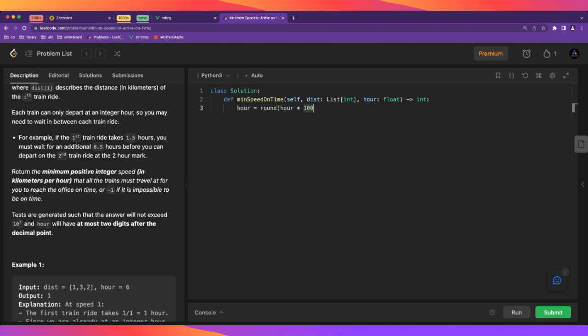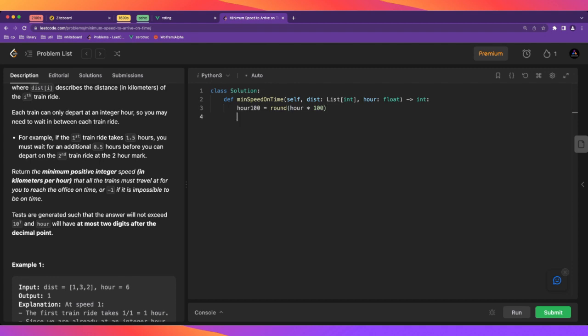So if we round it just to make sure that we get an integer, even if there's a small error in the number, then we turn the hour into an integer, which is 100 times the hour. So maybe the hour is not a good name. Maybe we can call it hour 100.